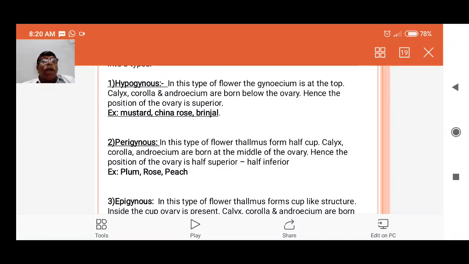At the top, the gynoecium is present. Calyx, corolla, androecium are born below the ovary. Hence, the position of the ovary is superior. Such flowers are called hypogynous flowers.